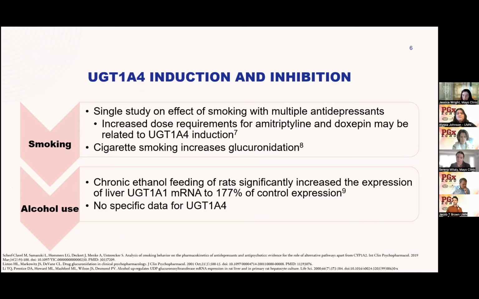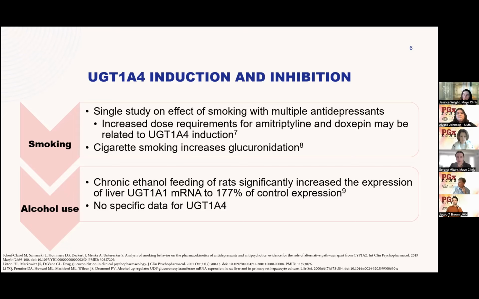Cigarette smoking is known to increase glucuronidation, but glucuronidation of what? It's unclear if it's any of the UGTs or this UGT1A4. So that's really not very clear.